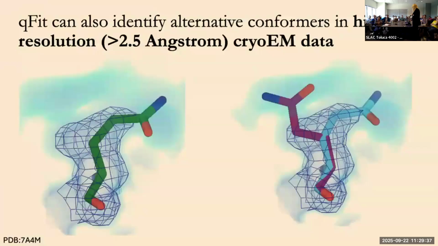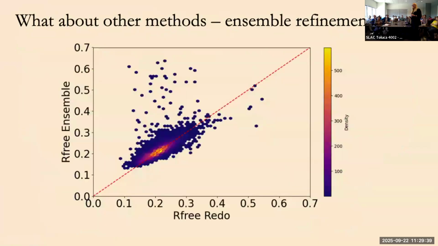So the first one that we took was ensemble refinement, which came out of the Phoenix team 13 years ago at this point, and is still trucking along really well in terms of modeling ensembles. And so just looking at the R-free between the ensemble and the redo, we're at about almost a 50-50 of whether you're improving R-free.